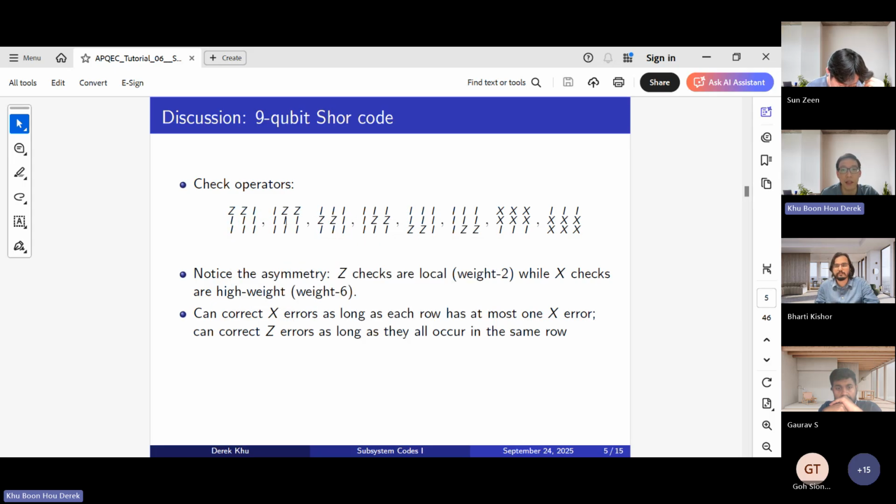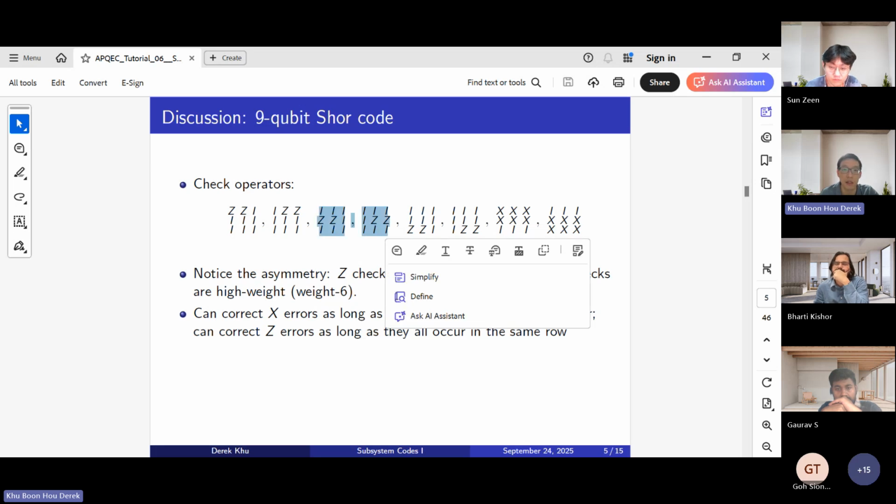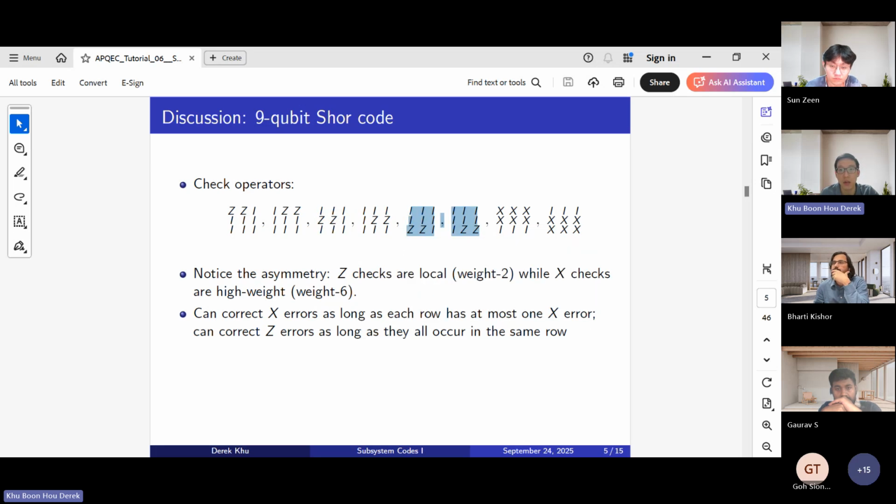And so this will allow us to detect an X error on the first guy. Same if we have an error on the second guy or the third guy. So these 2 operators would tell us if an X error has occurred on the first row, these two would tell us if an X error has occurred on the second row, and these two would tell us if an X error has occurred on the third row.